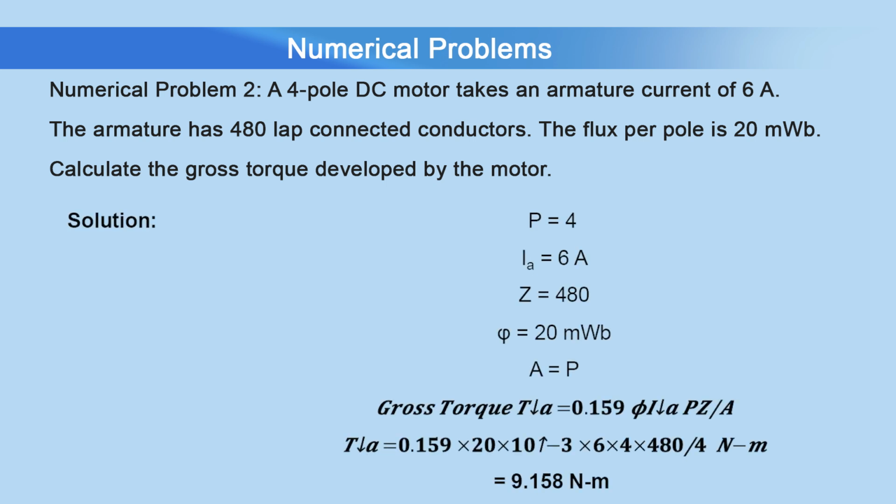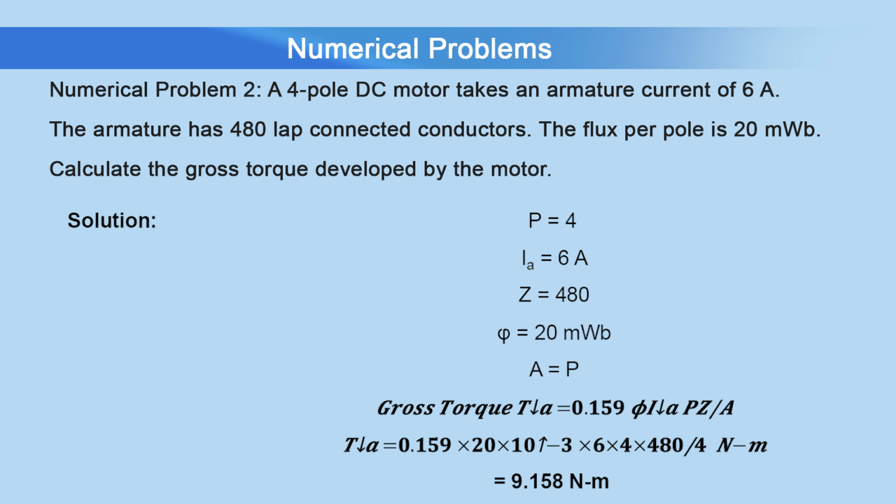So in this problem, we have to find the torque of the motor. Let us see what values are given. The number of poles P is equal to 4. The armature current is 6 ampere, the total number of conductors is 480, and the flux per pole is 20 milliweber.